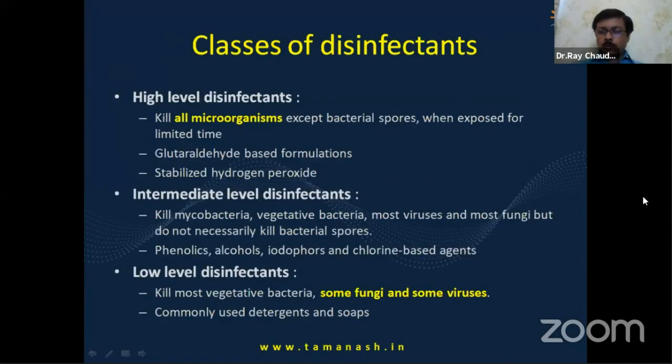Okay, so we have different levels of disinfectants, as Shogato was saying: high level, intermediate level, and low level. As Shogato has covered it, I will not be covering it again. But high level disinfectants are the ones that are commonly used in the OT, and they kill all organisms except bacterial spores.